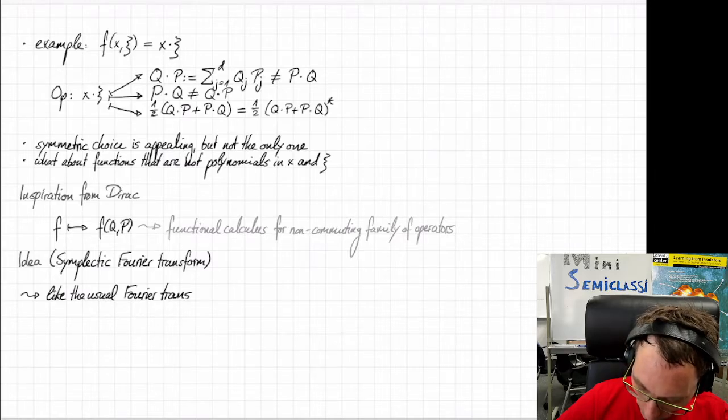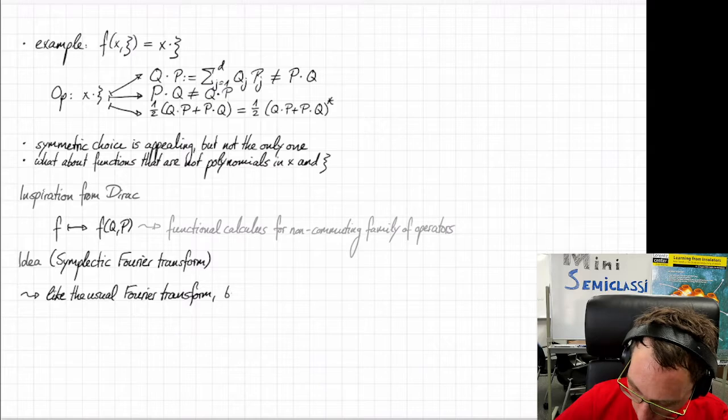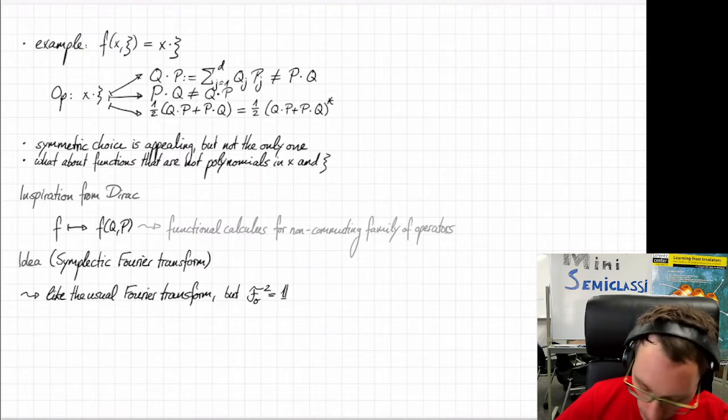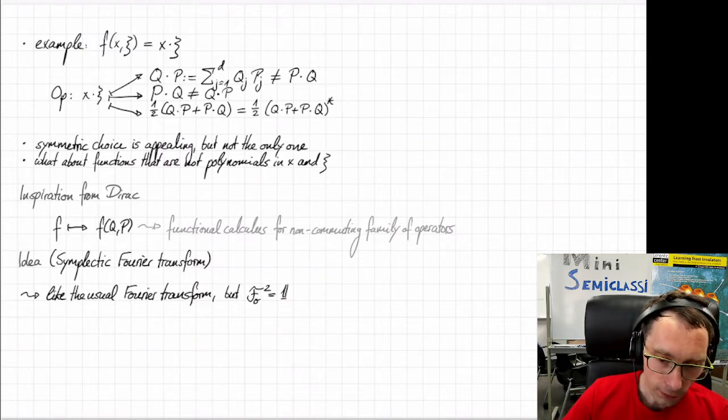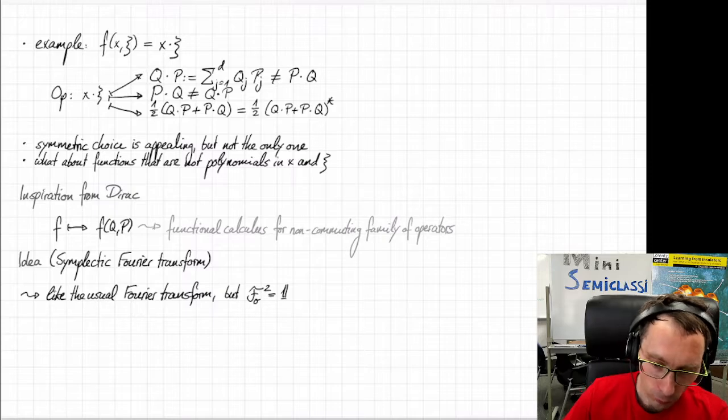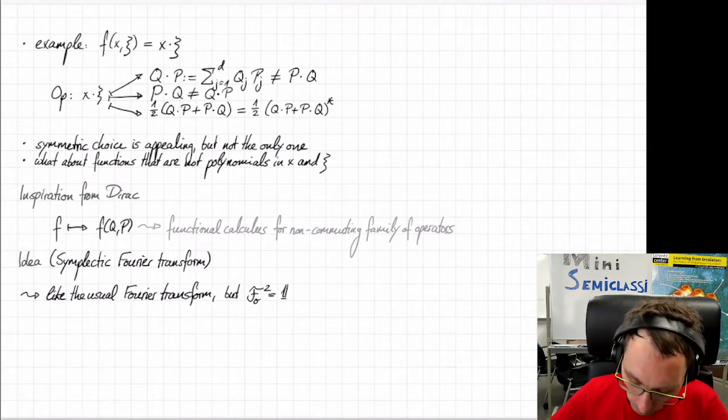So let me call this f sigma. And this means that I don't have to distinguish between the symplectic Fourier transform and its inverse, and this is tremendously helpful. This is really, really helpful.